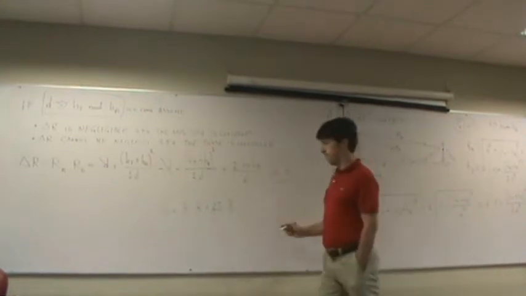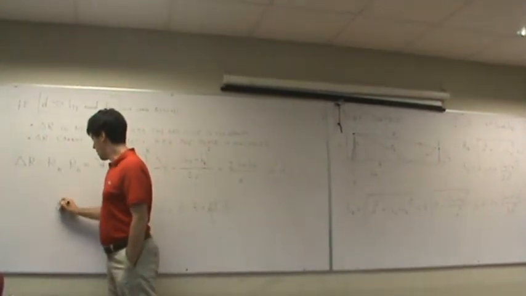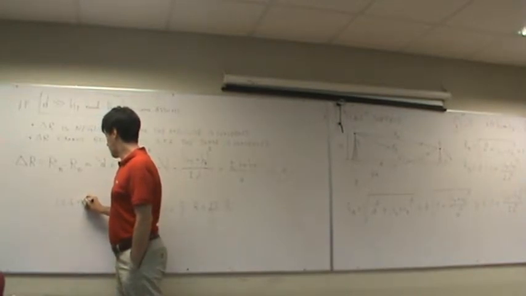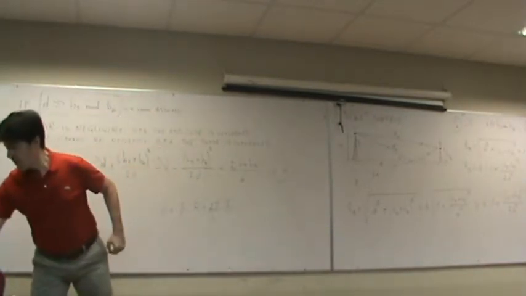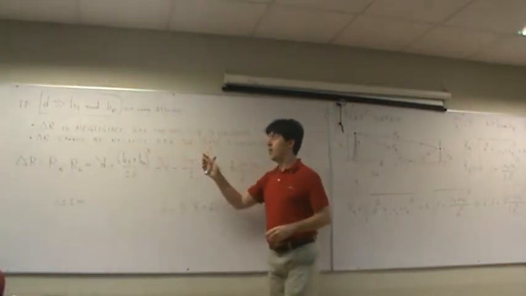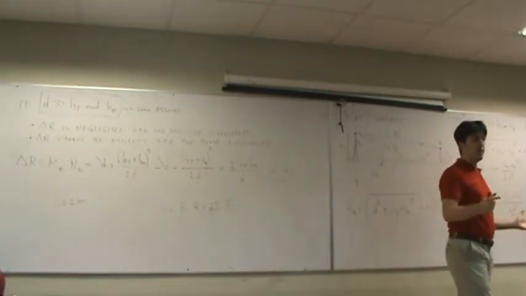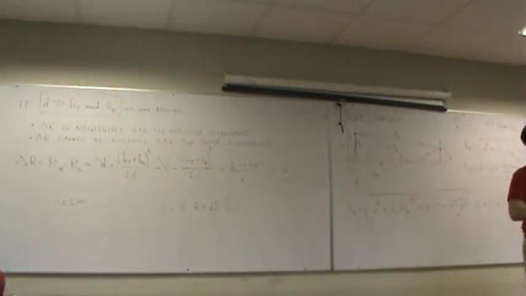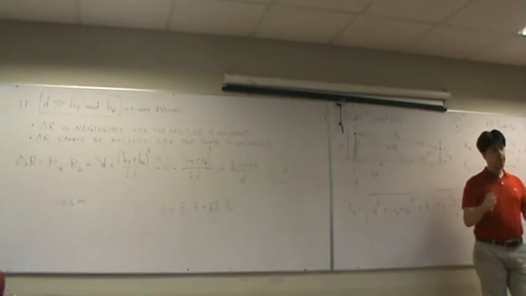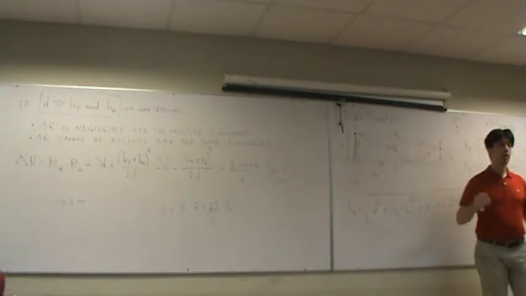Let me be precise. If you have a wavelength of 1 meter, and a difference in path length of 50 centimeters over 10 kilometers, those 50 centimeters over a path of 10 kilometers are negligible as far as the amplitude is concerned.